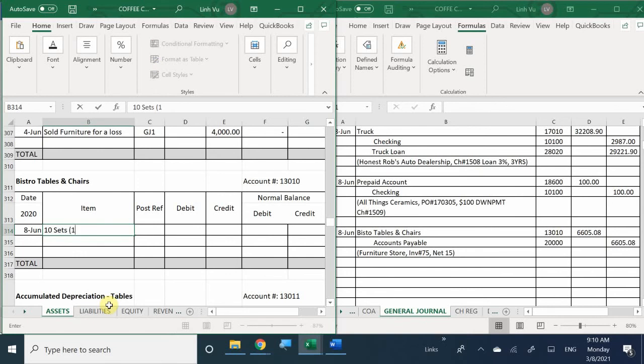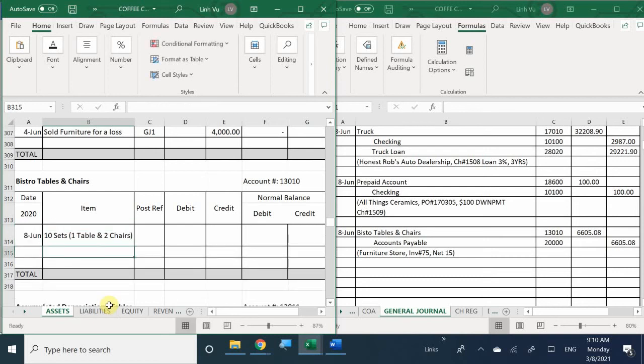Okay, 1 table and 2 chairs. Okay, so that should give you a kind of awareness that you have 10 tables and you have 20 chairs. All right. Post reference once again, general journal number 3.